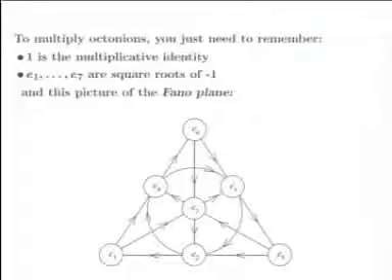So for example, E5 times E2 would be E3. And you have to imagine that all these lines really loop around. So in fact, this circular one is sort of the best one. So E2 times E3 would be E5, and then E3 times E5 is E2. But if you go against the flow, you get a minus sign. So for example, E2 times E7 would be minus E6.